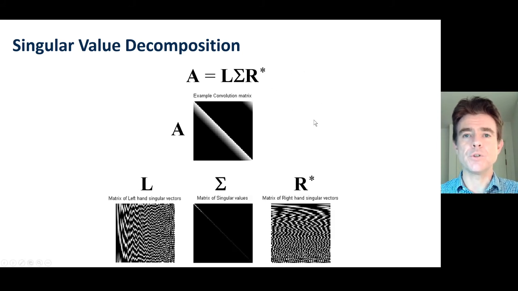Let's take a look at what MATLAB did for that matrix when I did an SVD on it. Here was the matrix of right-hand singular vectors, and they should all look a bit familiar. They certainly look quite sinusoidal to me. This is the matrix of singular values, and you can see the familiar trait of decaying singular values, just like we had the decaying modulation transfer function in all the previous videos on back project then filter.